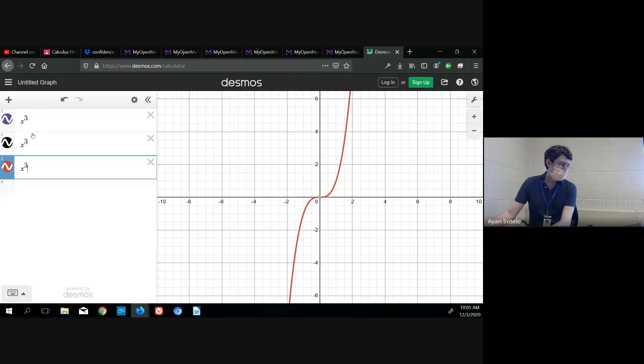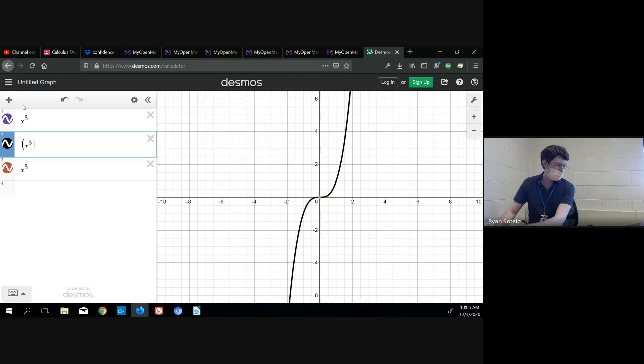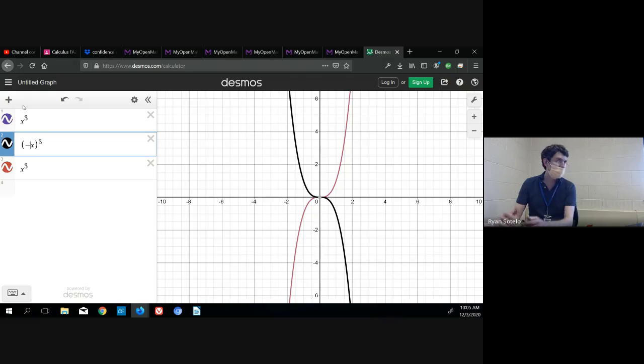If I have X cubed and I go in with the X and put a minus here, I'll get a horizontal mirror imaging. But if I put it outside of the X, you can't really see it, but it's a vertical flip.